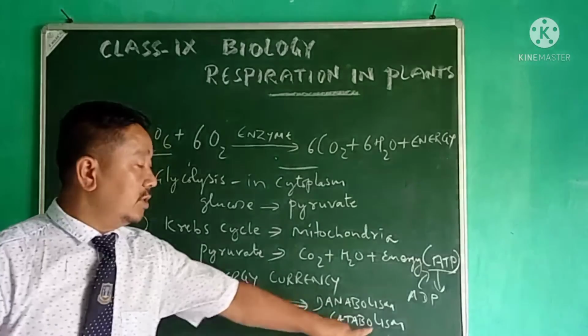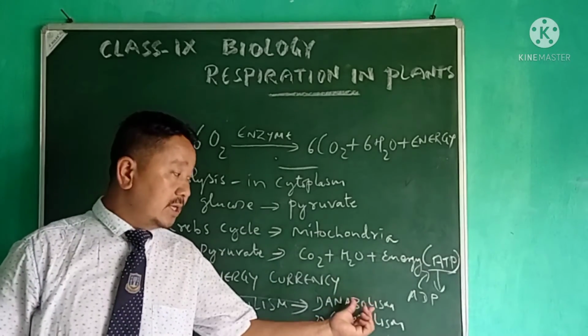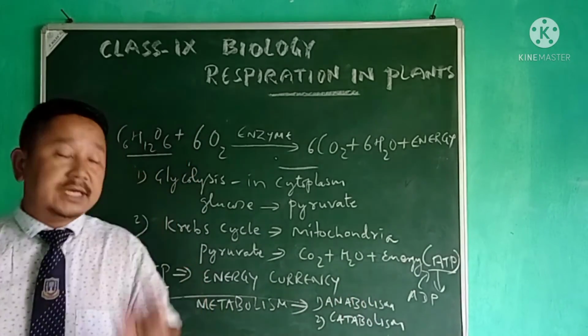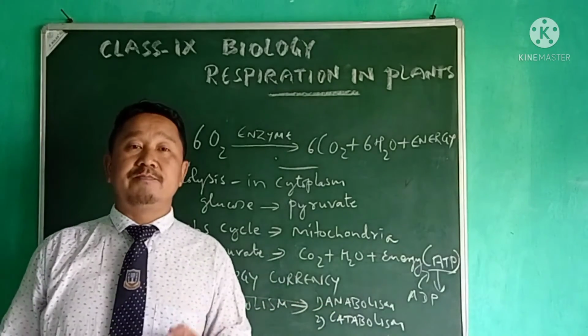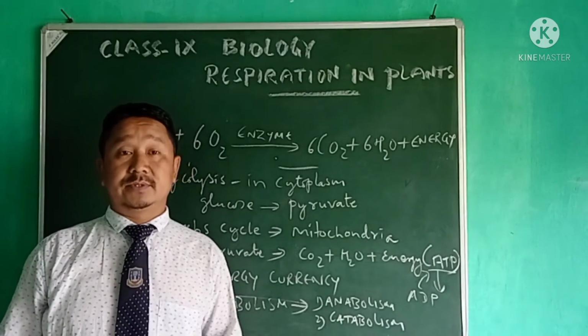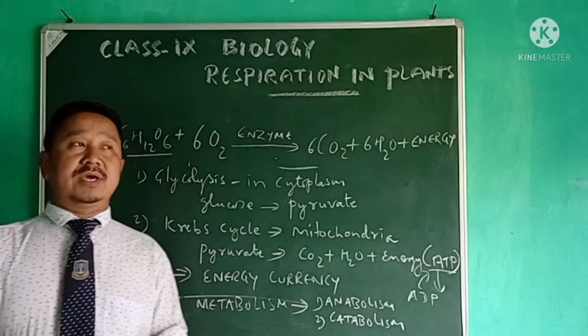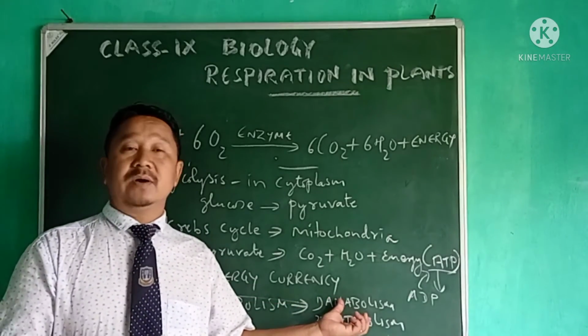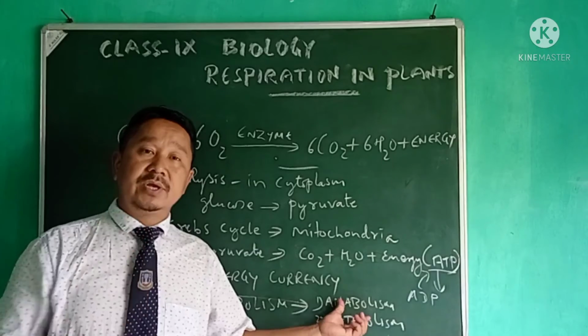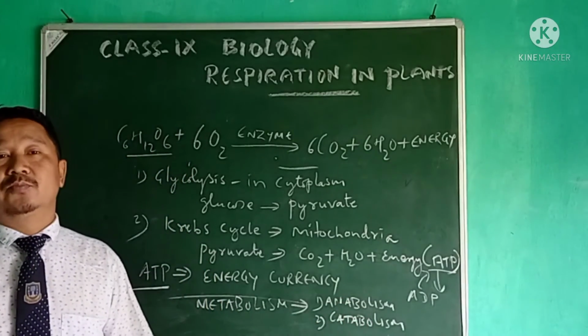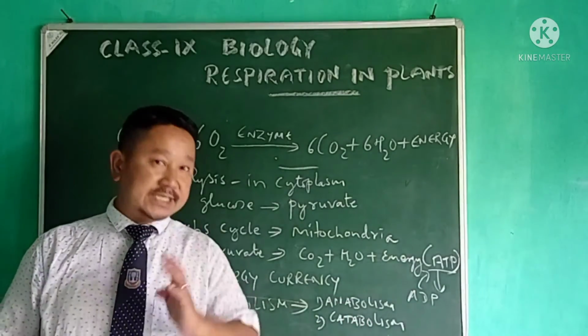Anabolism and catabolism. So anabolism is a constructive type of metabolism. Something gets constructed. It is a constructive type of metabolism during which the dry weight of the body increases. You got to understand it.